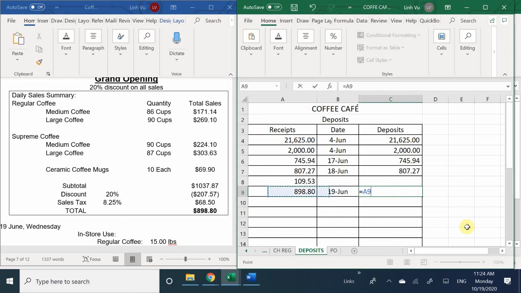So in this case, what's my grand total that I am going to be depositing? $1,008.33. So that's how much my total deposit is for that day.